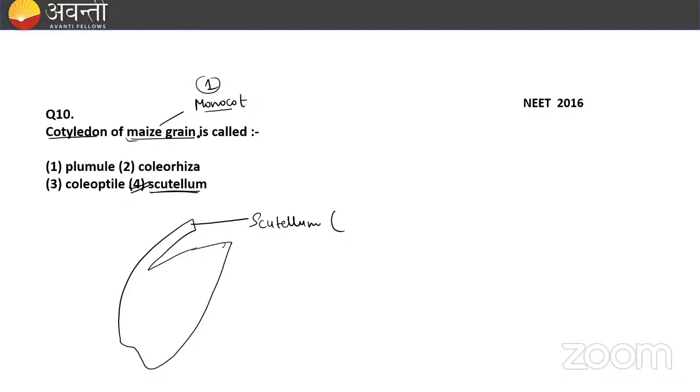So they will have one cotyledon, and that cotyledon is known as scutellum. Very, very important question, many times asked in NEET. Remember this: the cotyledon of the maize grain is scutellum, a large, single, shield-shaped cotyledon.